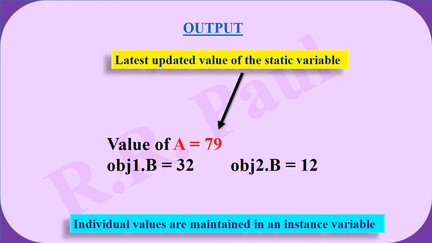And as you know, that instance variable gets associated with the objects individually. So we have two different values for B variable. One through object 1 and another one through object 2. Because these values are stored at two different memory locations controlled by two different objects.